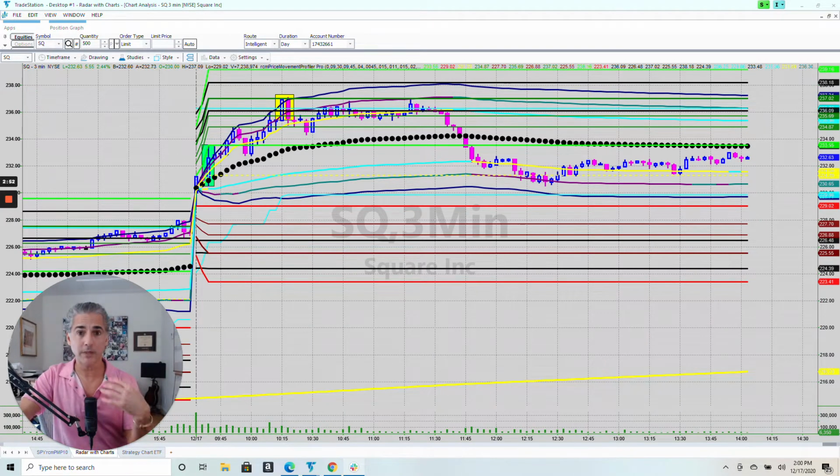Now my VWAP may be different than yours because this is an ARMR algorithm. Every line on here, whether it be the black dots, which is the VWAP, the red and green lines above and below, which are Fibonacci extensions, and the envelope lines above and below the black dots, which are standard deviations, all of these things are infused with volatility.